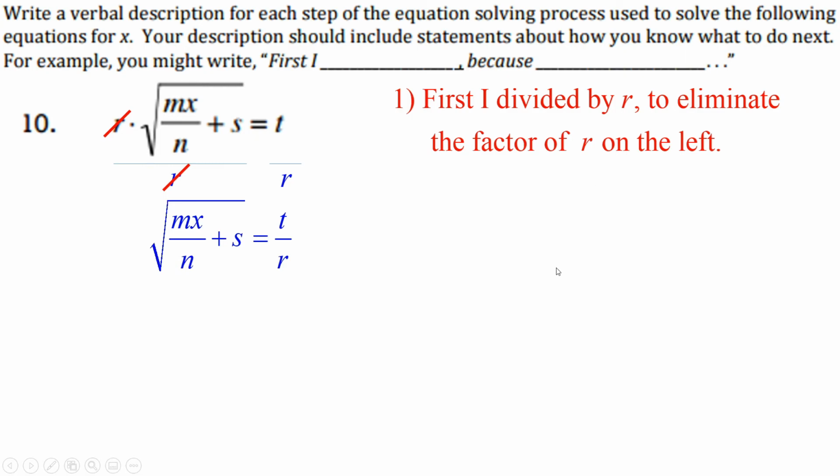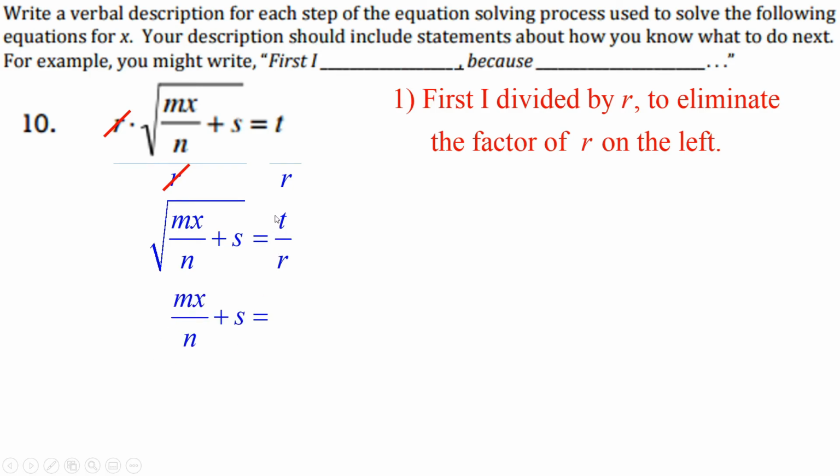Look at that. All right. If I'm going to isolate this x, I now better get rid of the square root symbol. And what undoes a square root? We square something, so we're going to square both sides. If I square a square root, I can just drop it, leaving me mx over n plus s.